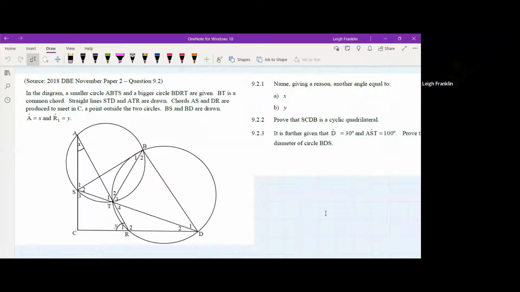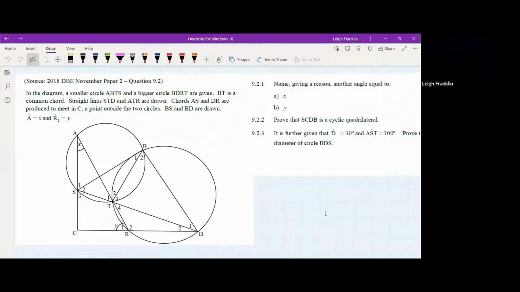Chords AS and DR are produced to meet in C. So it just means that they are extended to meet at C, which is a point outside the two circles. Right, so this is point C right down at the bottom here. Then they've also drawn BS and BD. And the other thing that they've told us is that A is X and R1 is equal to Y, and they've labeled them. There's not really an awful lot of information here.